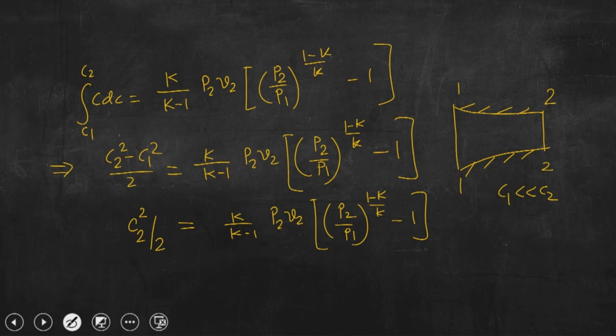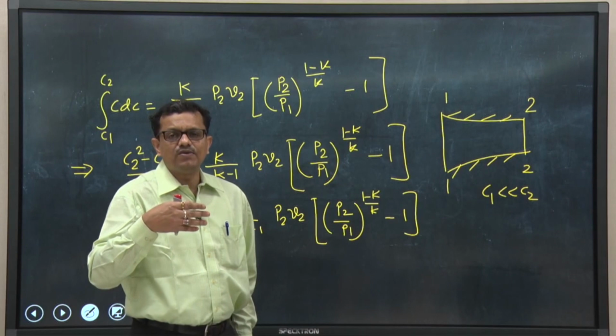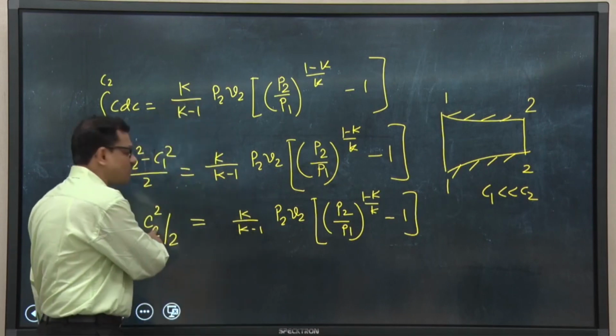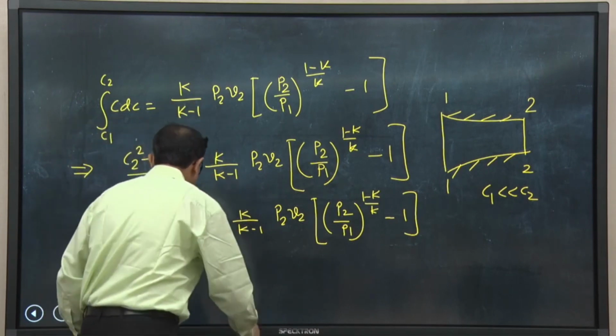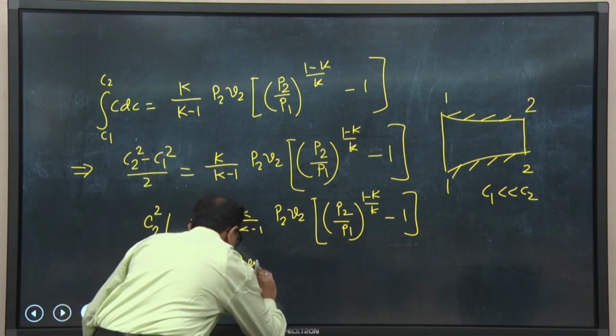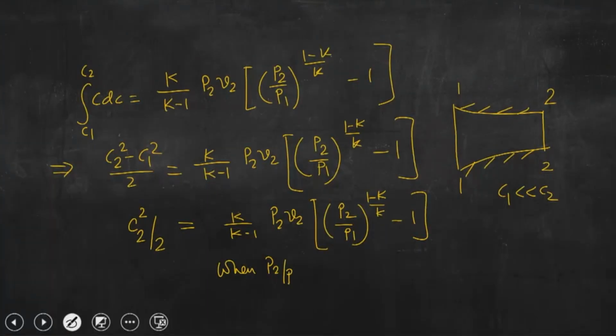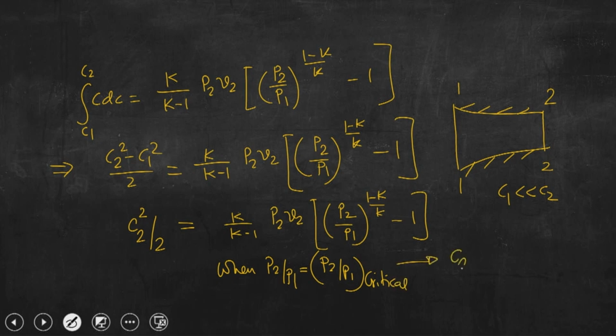Now, when P2 by P1 is equal to P2 by P1 critical, then C2 also will be critical. So, let me write over here, when P2 by P1 equal to P2 by P1 critical, then C2 will be equal to C2 critical.